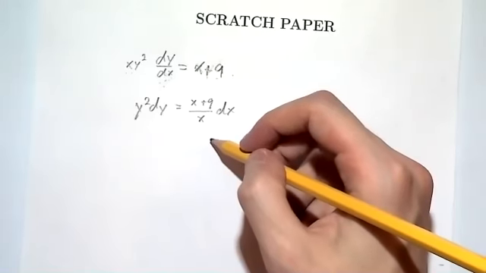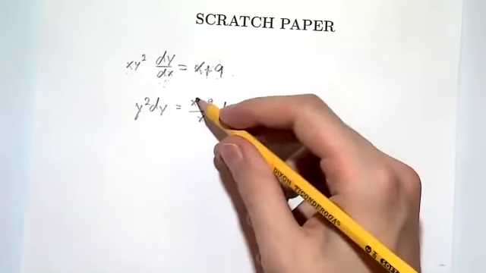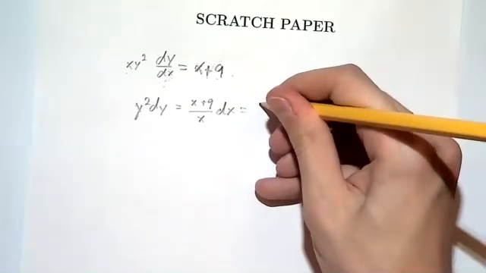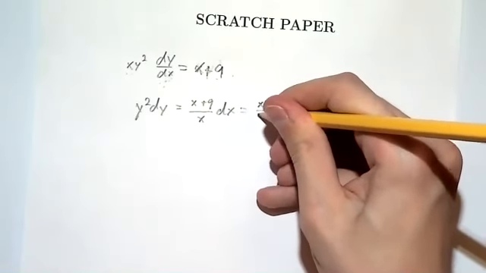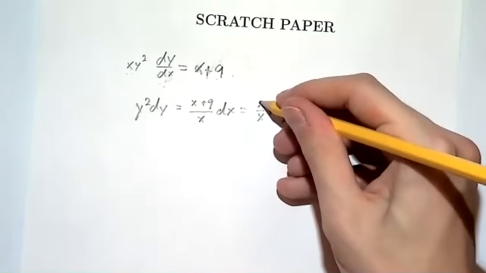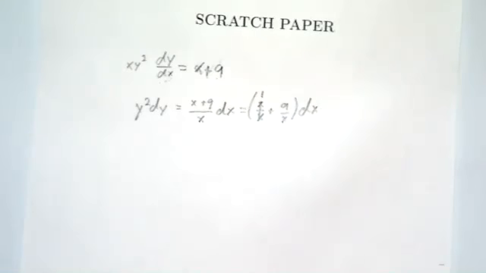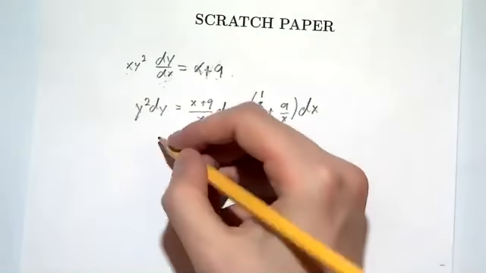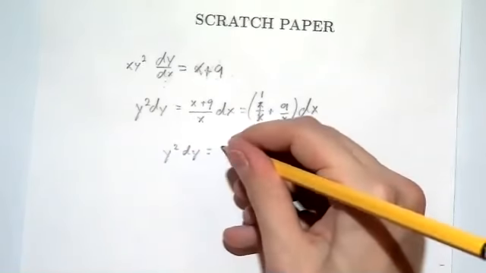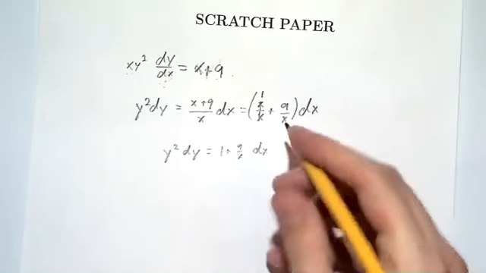I'd immediately recommend separating it and simplifying. This is x over x plus 9 over x. The x over x cancels to 1. So now we have y squared dy is equal to (1 plus 9 over x) dx.